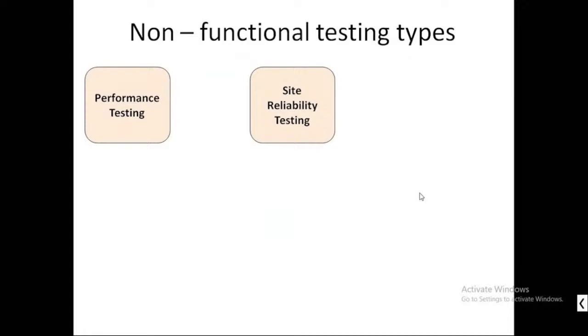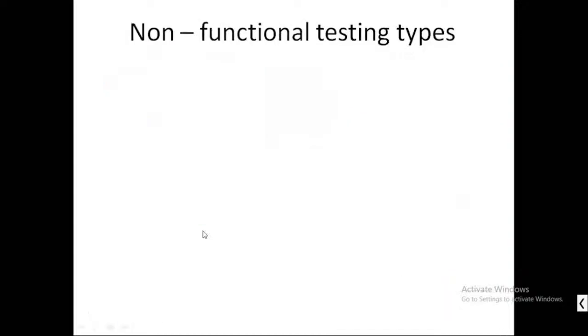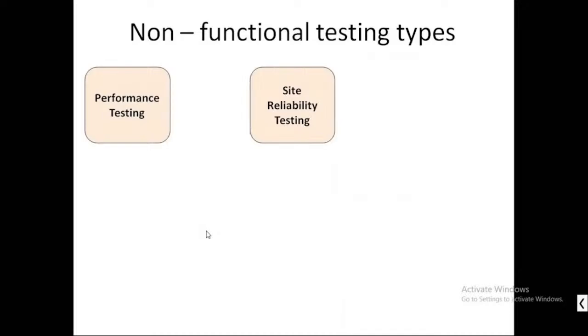The one which I had told about, how will my data centers operate in case of an earthquake, and will the infrastructure work in production or not, that is the second box. For that, we will use site reliability testing or operational acceptance testing. Third one, I think all of you are able to tell, that was security testing. Penetration testing is also one category of security testing.